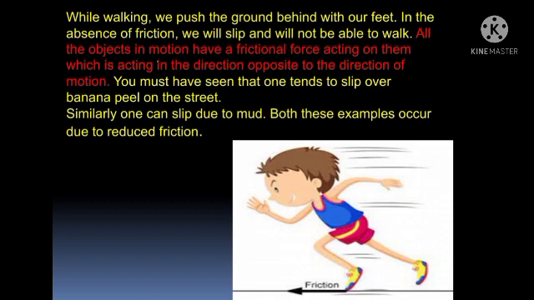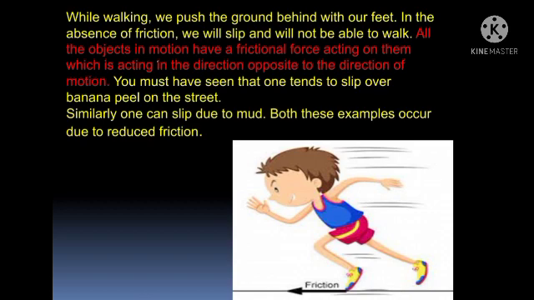All objects in motion have a frictional force acting on them, which acts in the direction opposite to the direction of motion. Students, if the object is in motion in one direction, the friction acting on that object will be opposite to it. The direction of the friction will be totally opposite.